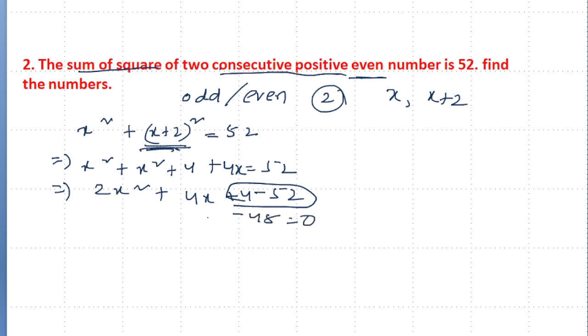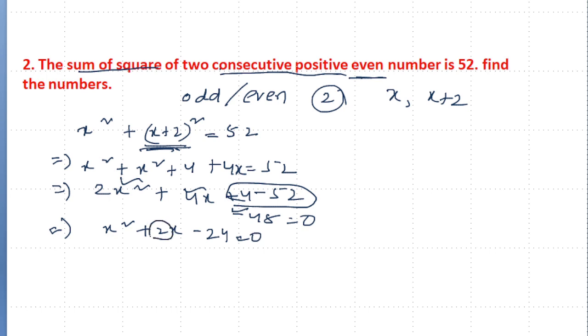Now you can reduce it. Because 2 is common here, it is better that we reduce it, so our splitting will be easy. So divide all terms by 2. It will reduce to x square plus 2x minus 24 equals 0.